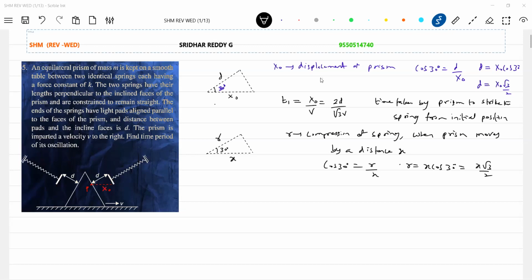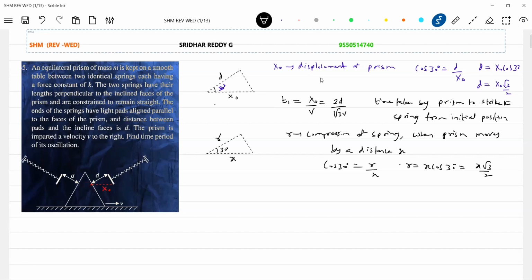T1 is the time taken by the prism to go and strike the spring. It will take time T1, then it will compress the spring. Later we have to calculate the total time period. Later on I'll bring that one. T1 is only the time taken to move from... okay, we'll do one thing.